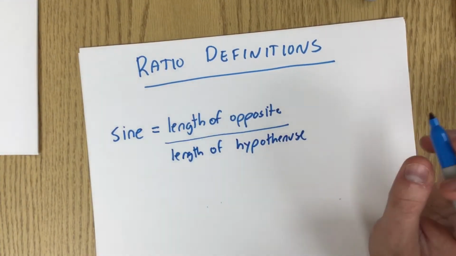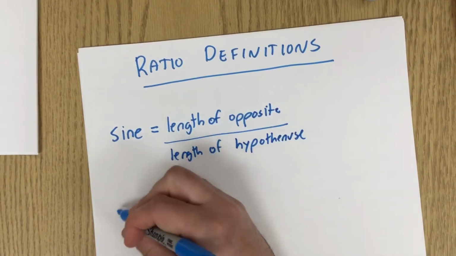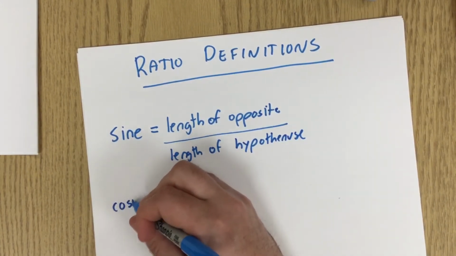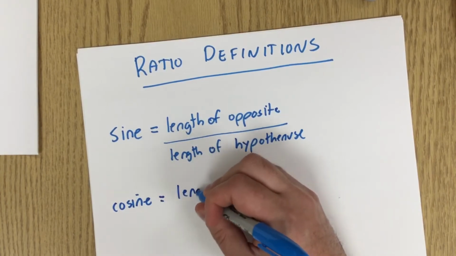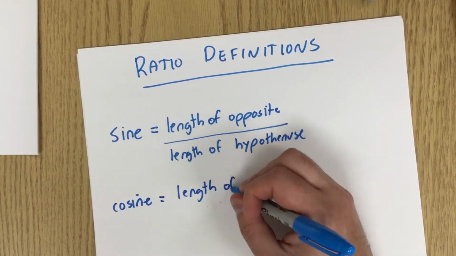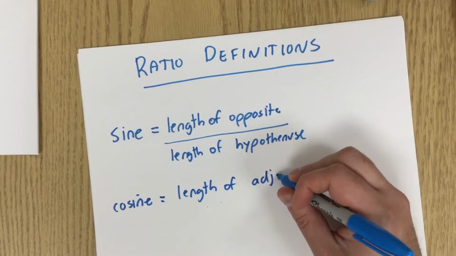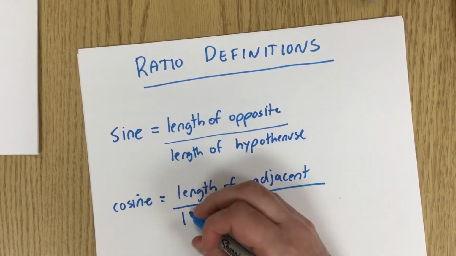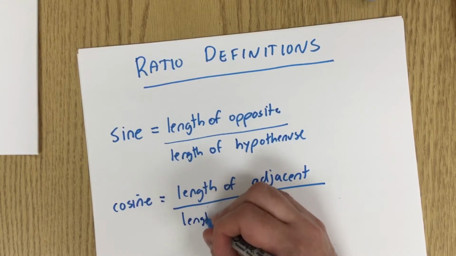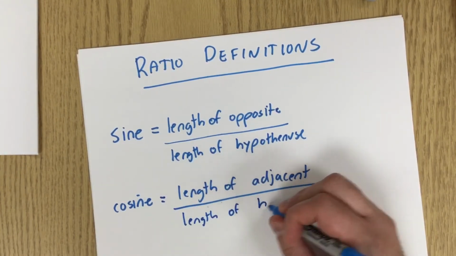That's the ratio. The next ratio we're going to define is something called the cosine ratio. And the cosine ratio is going to be the length of the adjacent side all divided by the length of the hypotenuse.